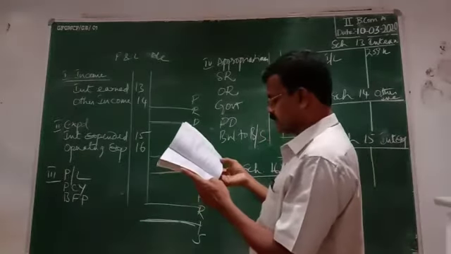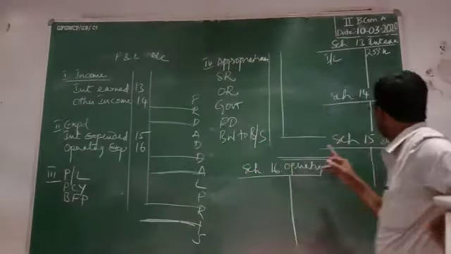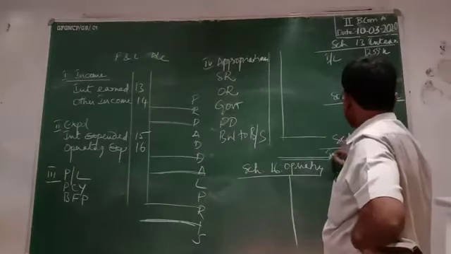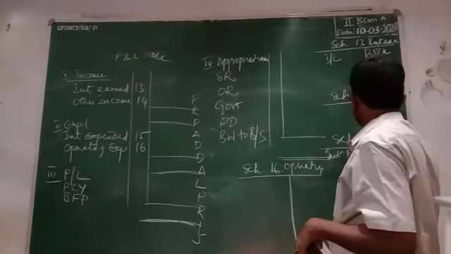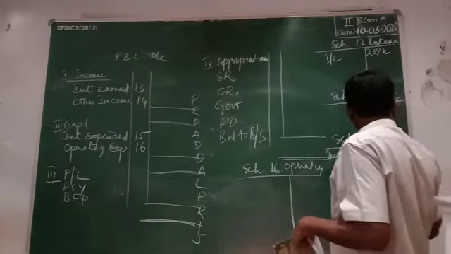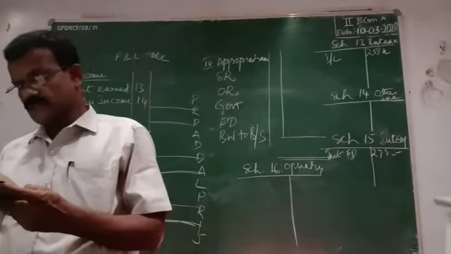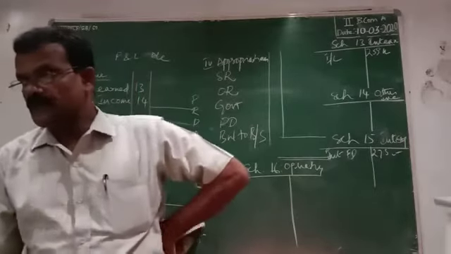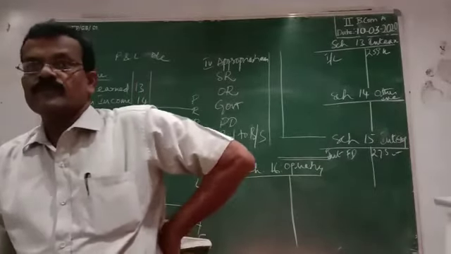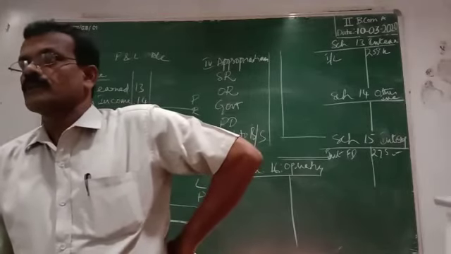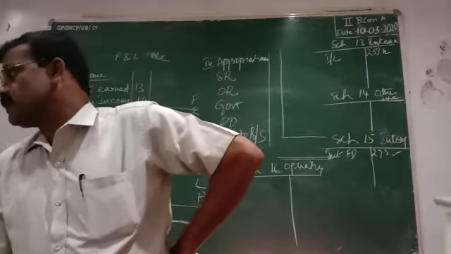Interest expended 2,75,000, schedule number 15, interest expended, that is interest on fixed deposit 2,75,000. Next, commission 7,200. In the trial balance, whether it is a debit or credit balance is not given.